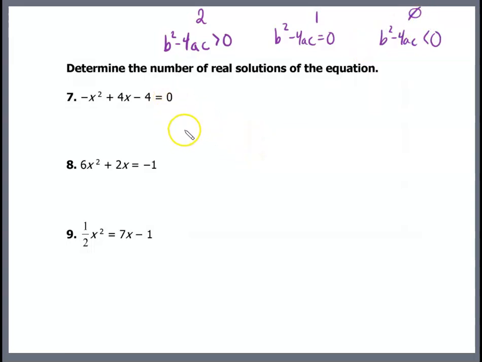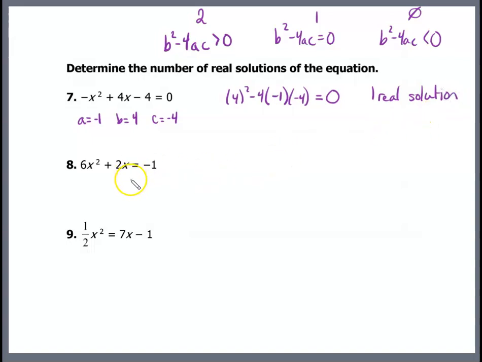So before you begin, always make sure it's in standard form. This one it's in the form ax squared plus bx plus c equals 0. So b squared minus 4 times a times c. We plug in our numbers, we write that out to show our work, we type it in our calculator, and we get 0. Remember, when it equals 0, there is one real solution.